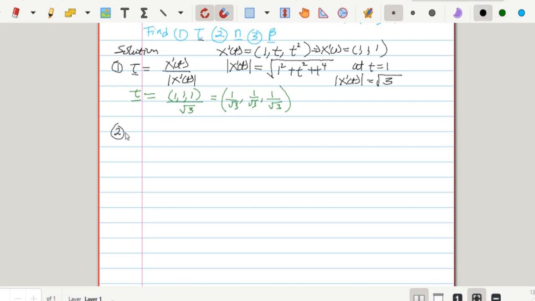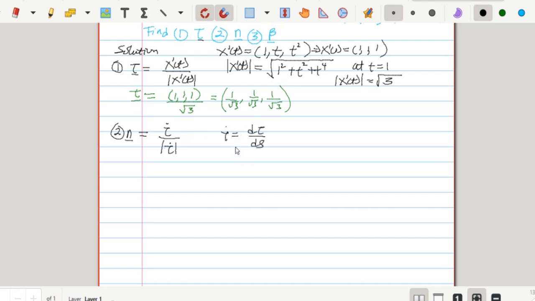So number 2, now we have to find our normal vector, and our normal is tau dot over the absolute value of tau dot. But to solve this, we have to first of all know what our tau dot is. Our tau dot is equal to d tau over ds.